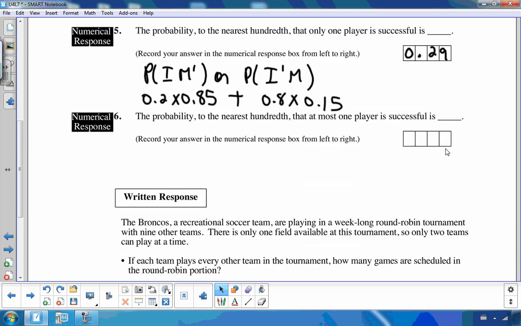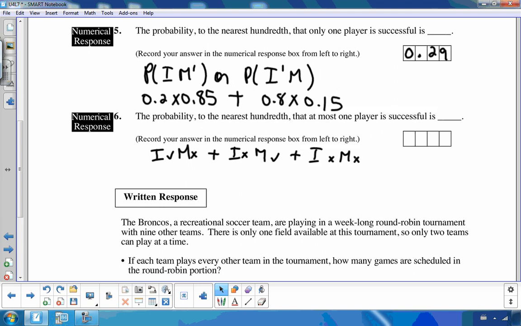Okay, the next one, the probability to the nearest hundredth that at most one player is successful. Ooh, this is a good question. So this is that Isabella makes it, Michaela doesn't, or Isabella doesn't make it, but Michaela makes it, or neither of them make it.